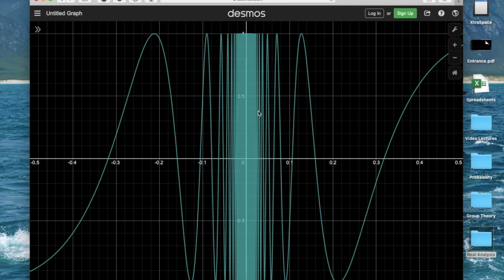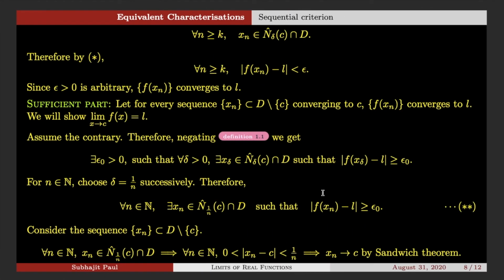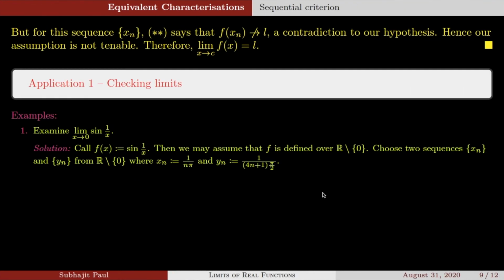You choose any two of those sequences, and one sequence will converge to, say, √3/2, another will converge to, let's say, 1. Therefore, by the sequential criteria, the limit will not exist.